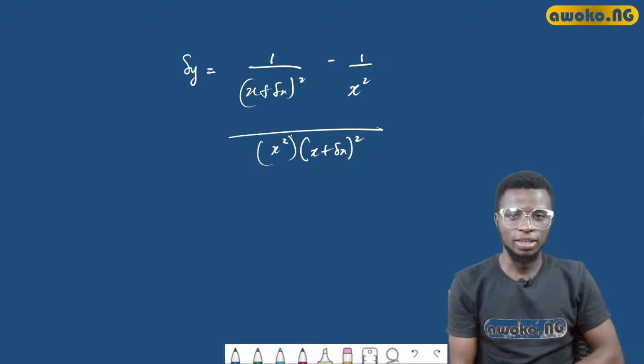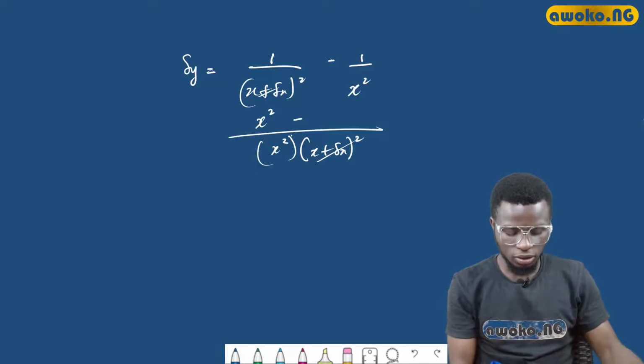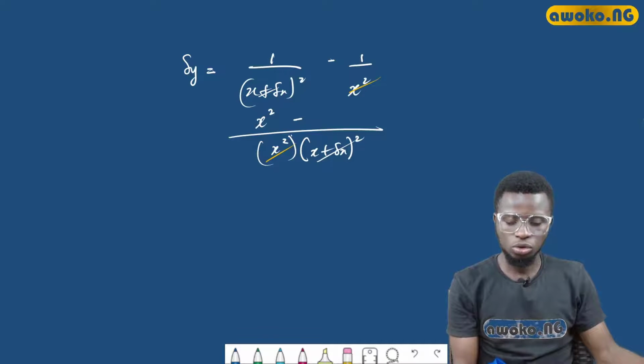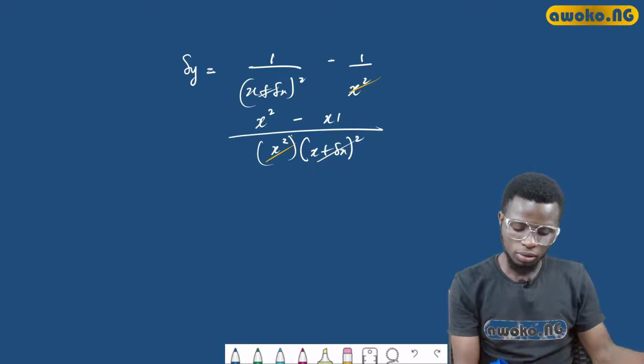So if I compute arithmetically, this will cancel this, and I'll be left with x squared minus, this will cancel this over here. I'll be left with (x plus dx) all squared times 1, which will give us (x plus dx) all squared.